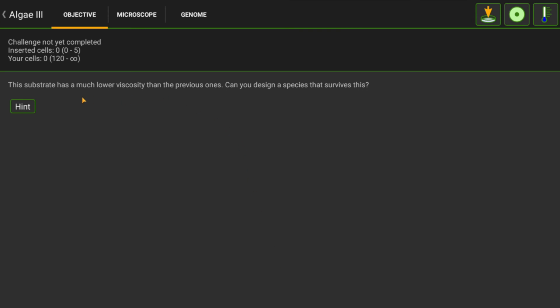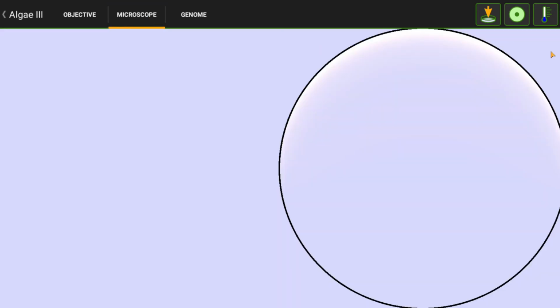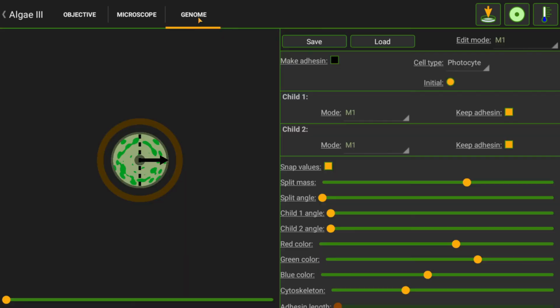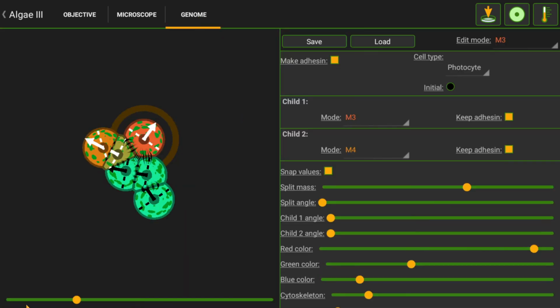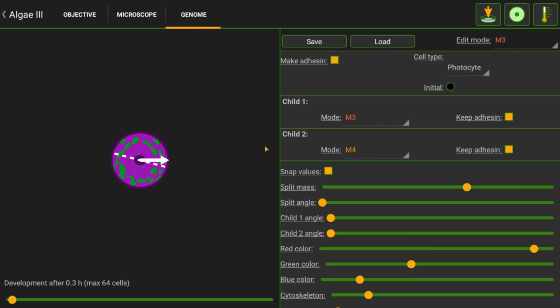Here I do algae 3, where I get 5 cells to insert, and there's a lot less liquid or something in this substrate, and I have to get 120 cells. This one took me a while.